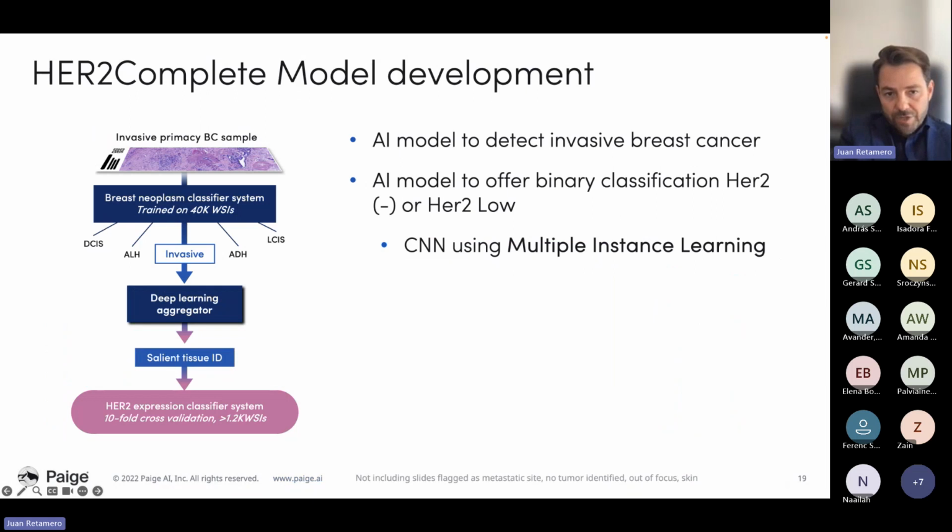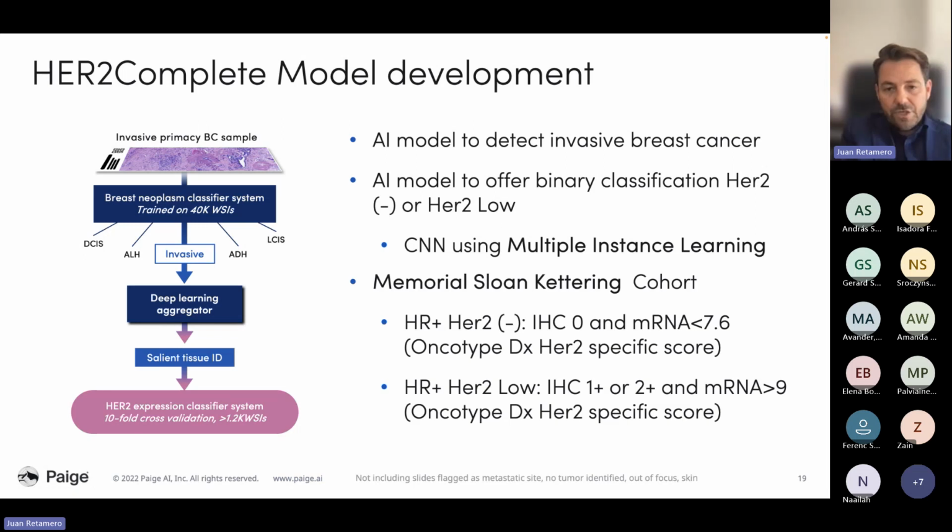The way that we trained the algorithm was following the multiple instance learning that we mentioned earlier. The idea was to provide a binary classification: either HER2 negative or HER2 low and above. So it's a binary detector that will tell us whether that patient is likely to benefit from the new therapies or not. The ground truth was set based on a level of mRNA below 7.6, and those patients would be called negative.